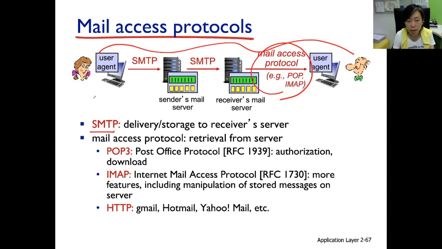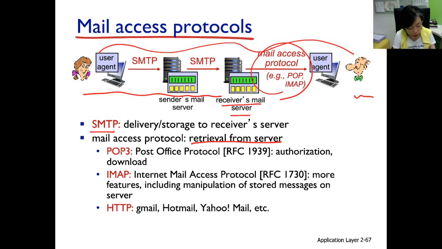SMTP that we talked about earlier only covers email exchange to the receiver's mail server. In between the receiver's mail server and the actual receiver, it's this protocol that's controlling. What it does is allow the receiver to retrieve email from its local server.